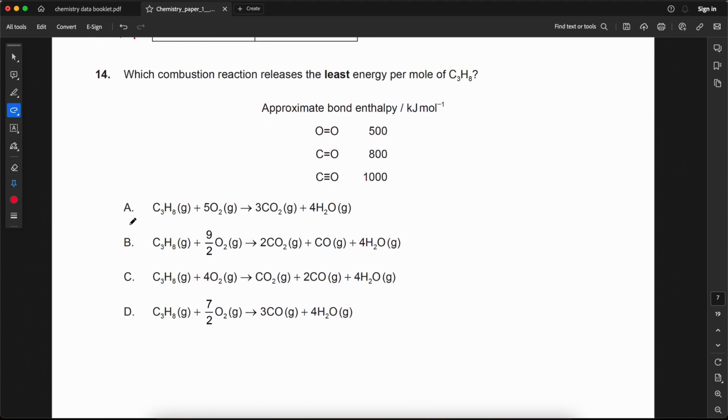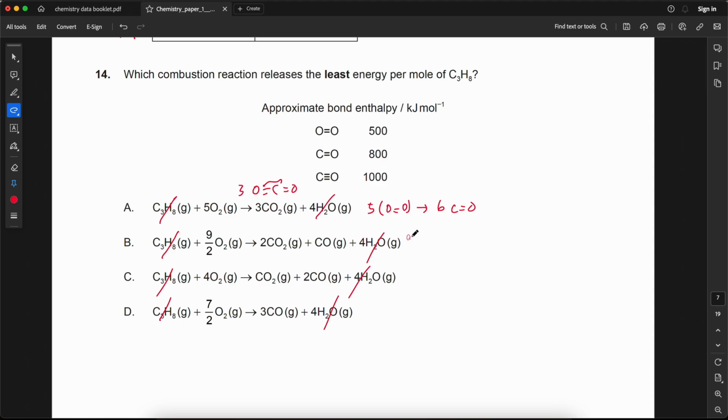Which combustion reaction released the least energy per mole of C3H8, given approximate bond enthalpy for O=O, C=O, and C≡O? We don't need to get involved with this because all of them are the same. So only this. Therefore, that would be 5 O=O becomes 6 C=O, because you know CO2 is 2, and then 3, so 6.